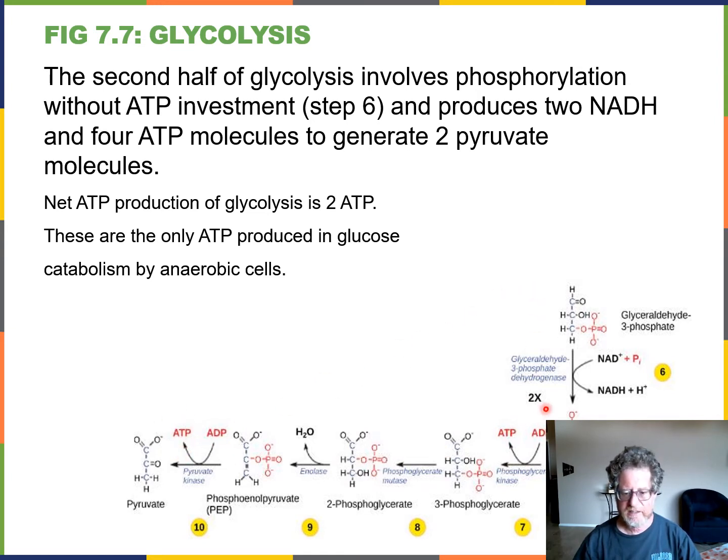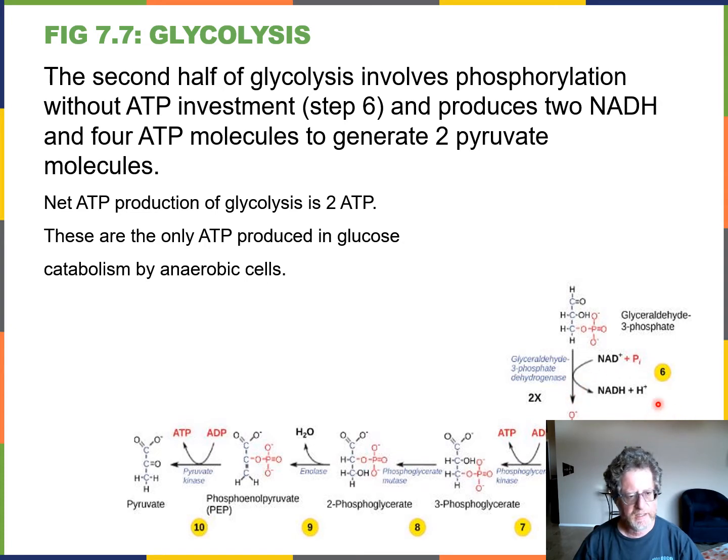All these reactions happen 2 times per glucose because the glucose split into 2 3-carbon molecules. So when you total everything up, you wind up with 2 ATP being generated. You wind up with 4 ATP in these reactions, minus the 2 ATP used in the earlier reactions. And you wind up with NADH being generated, 2 NADH.